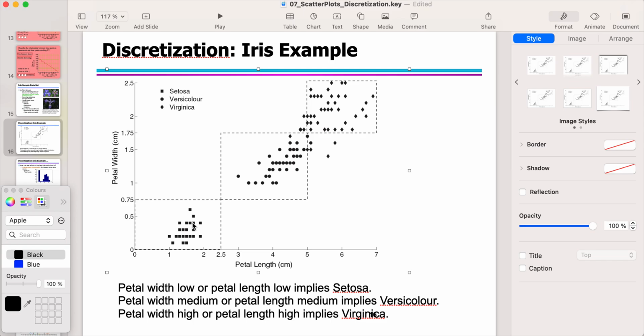These setosa flowers are shown with squares. They are down here to the left. The versicolor are shown with circles, and they are in the middle. And then the virginica are shown with diamonds, and those are on the top right.